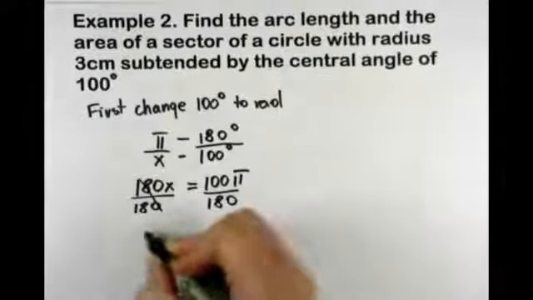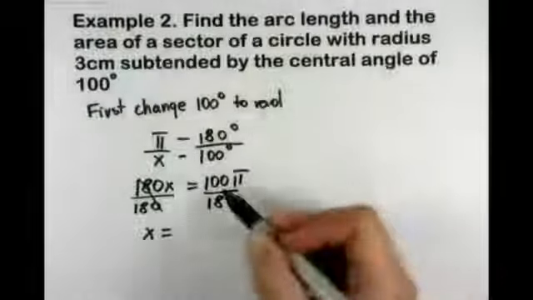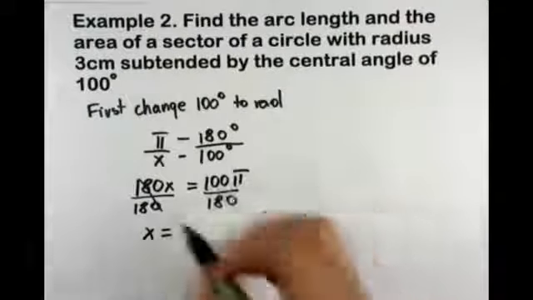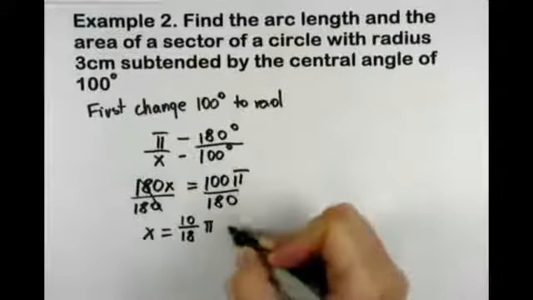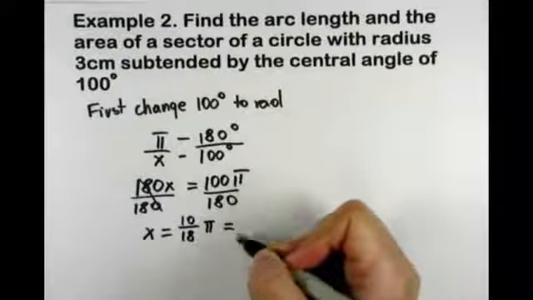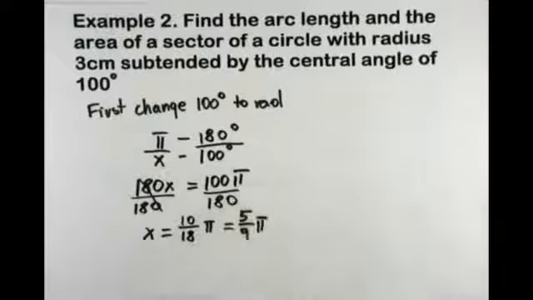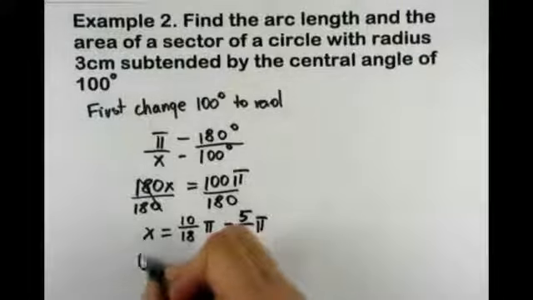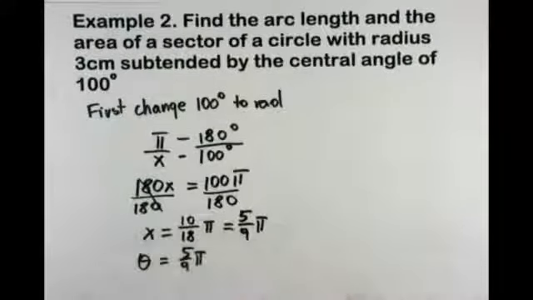This cancels out. So x is equal to, we can reduce this by 10. If we divide by 10, we get 10 over 18 pi. And this can be reduced even more by 2. It's 5 over 9 pi. So my theta is 5 over 9 pi.